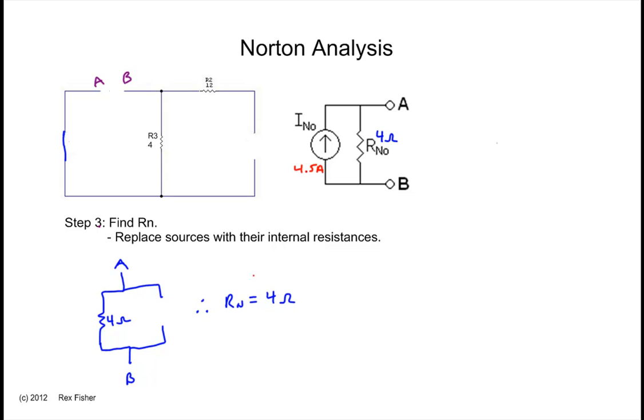Next, we need to find the Norton resistance. So we replace all of the sources with their internal resistance. The battery is shorted out and the current source is left open. When we do this, we discover that there's only one path between A and B, and that's through the 4 ohm resistor. So the Norton resistance is 4 ohms.